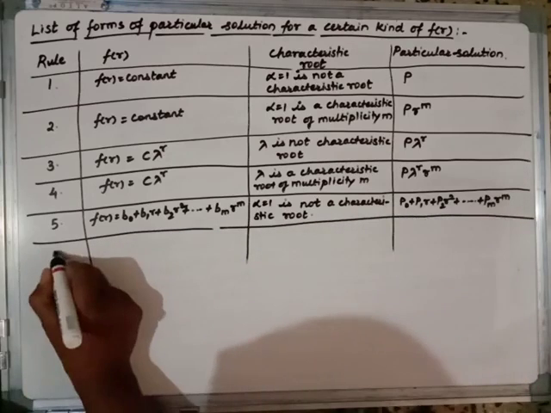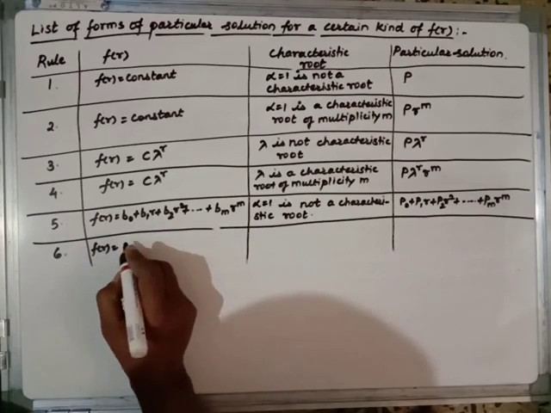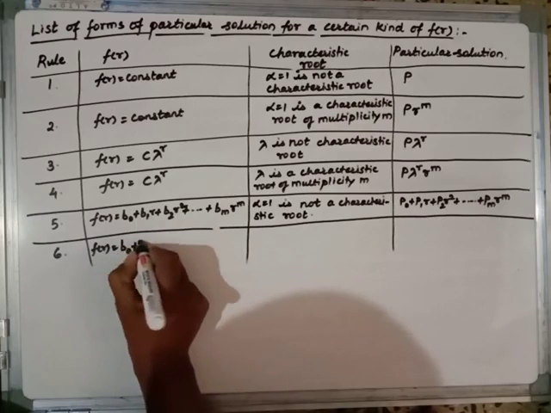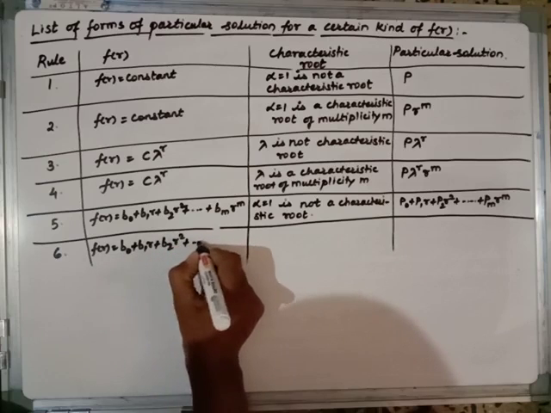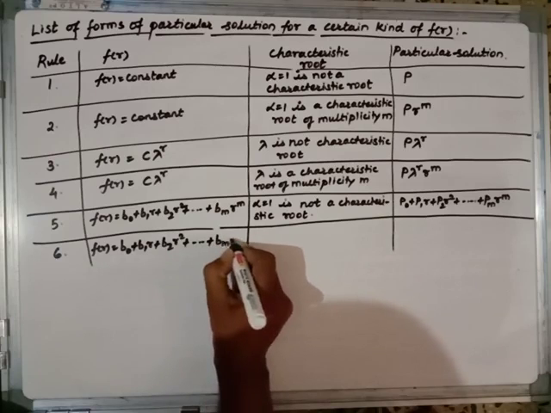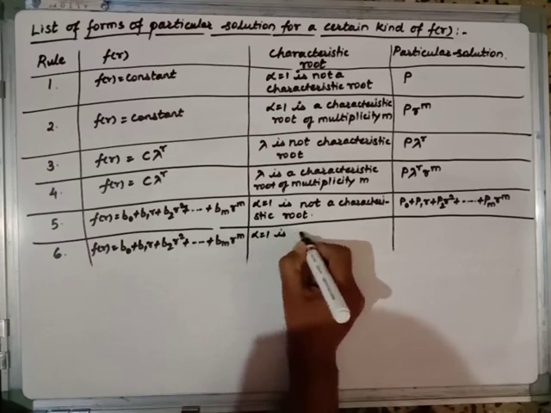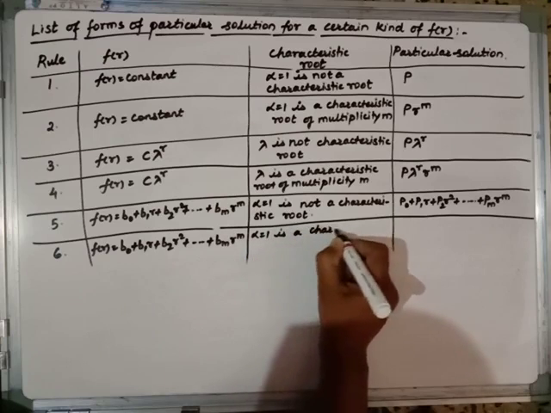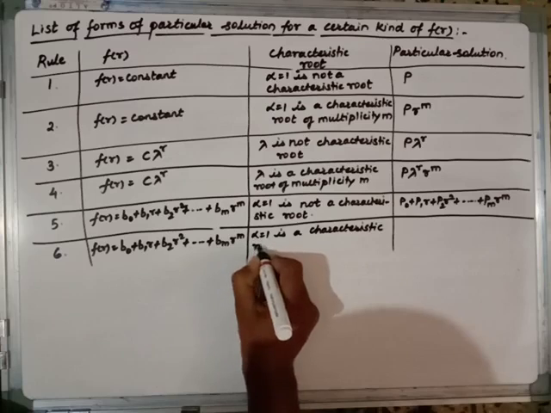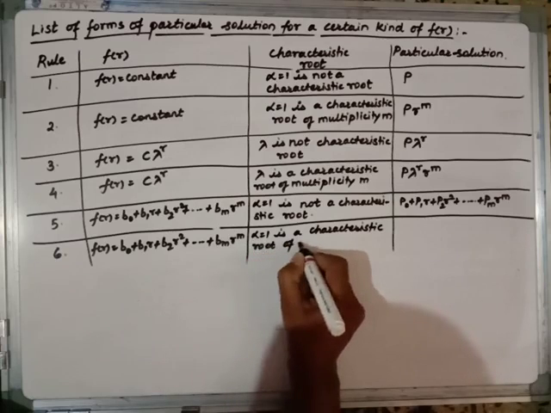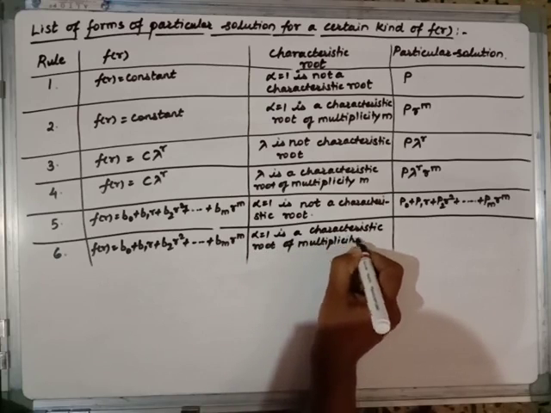Now, the sixth one, f of r is of the same kind, just like in the fifth: b0 plus b1r plus b2 r square plus so on up to bm r raised to m. But now alpha equal to 1 is a characteristic root of multiplicity m.